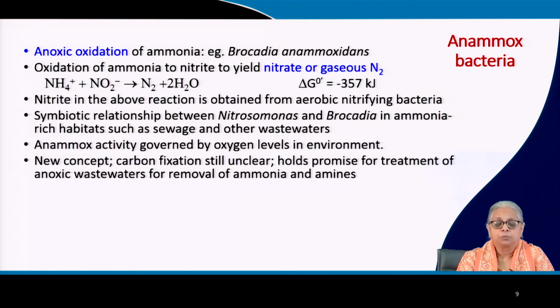Then we come to anammox. What is anammox? Anammox is a very interesting way of oxidizing ammonia in the absence of oxygen. So in nitrification, we are utilizing oxygen, but in this case, what happens is that ammonium, so your organic nitrogen has been converted to ammonium form, and this ammonium along with nitrite will result in the formation of inert nitrogen gas along with water.